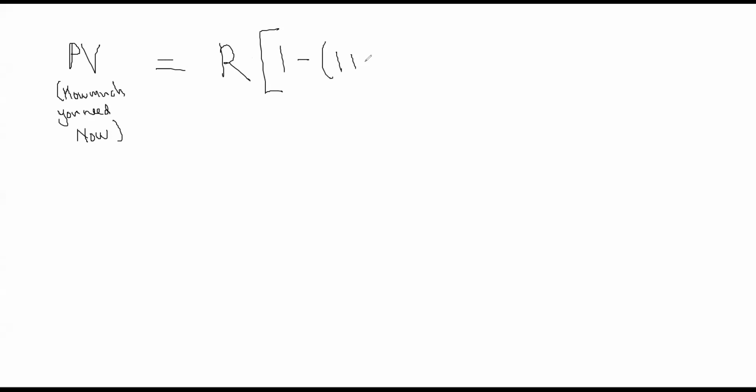Okay, the present value, which is how much you need now, so how much you need presently, is going to equal capital R, just like before, times 1 minus 1 plus r over n to the power of negative nt, divided by r over n.